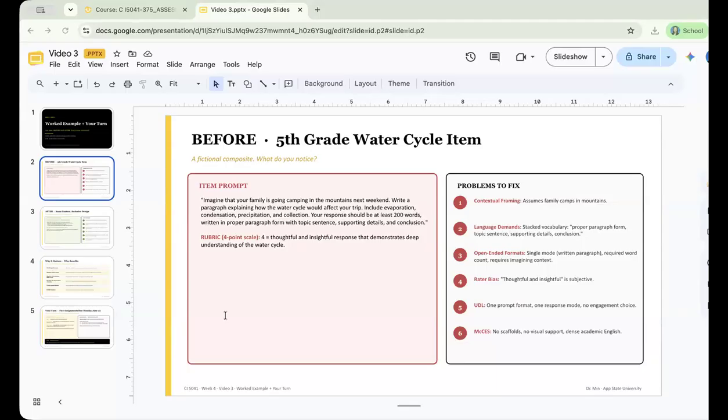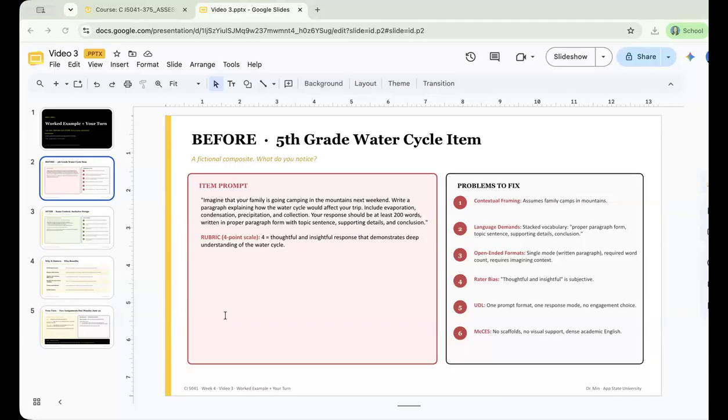Problem 4, reader bias. The rubric says a 4 is thoughtful and insightful. Those are subjective words. What does insightful look like in a 5th grader's writing? 3 teachers will score the same paper 3 different ways. Problem 5, UDL. The prompt is presented in one mode, requires one response mode, and offers no engagement choice.